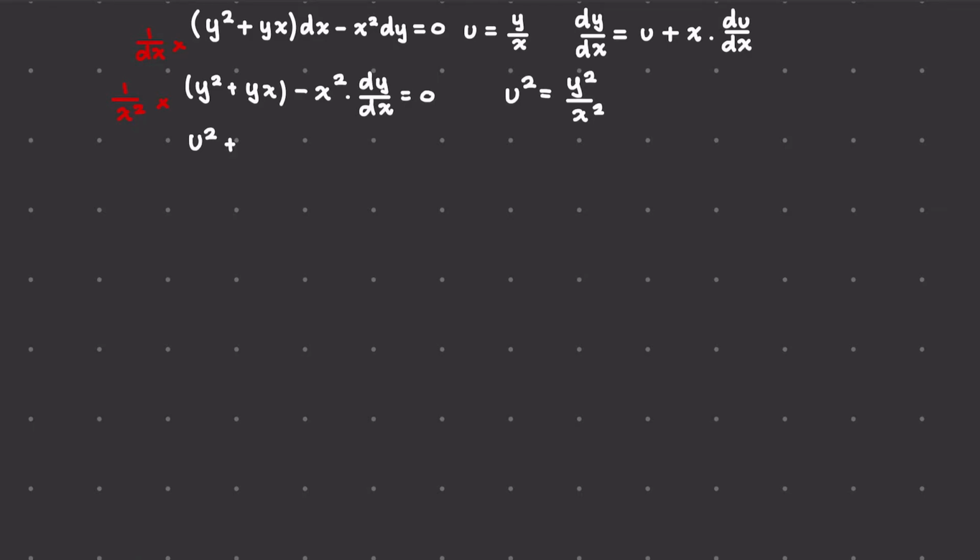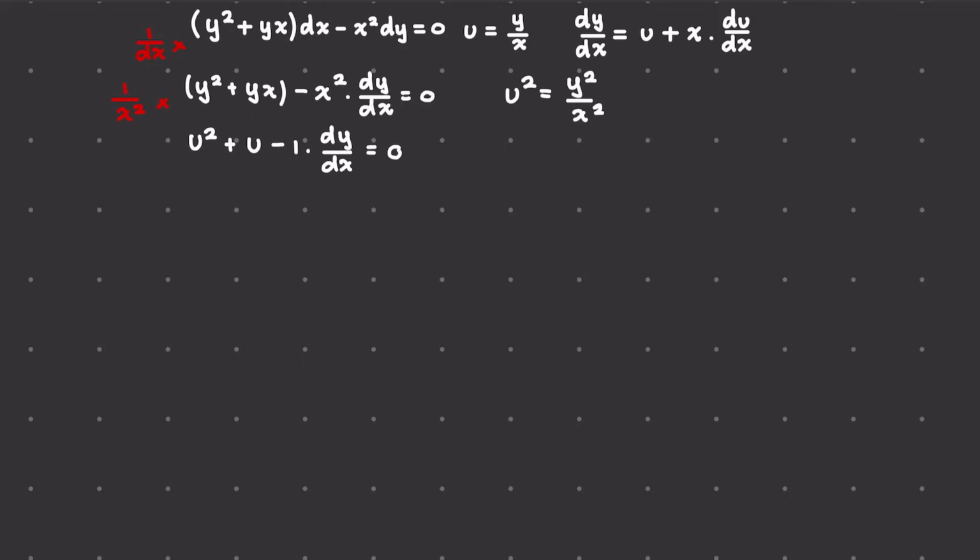We can cross out the x and it just leaves us the denominator with x to the power of 1. And so y over x is just u, minus x squared divided by x squared is just 1, times dy over dx, equals 0. And now we're safe because everything is already in the form of a single variable, u.